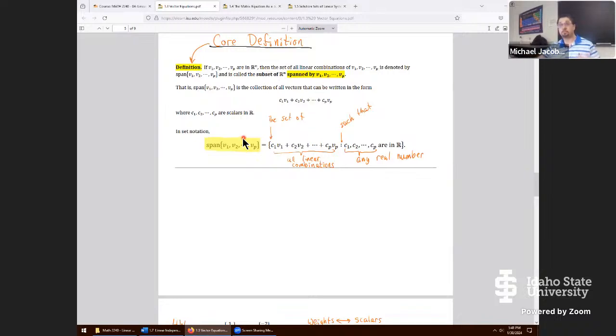For the spanning question, here's what an exam question could look like. It might be along the lines of a statement that says complete, or let's say, fill in the blanks.